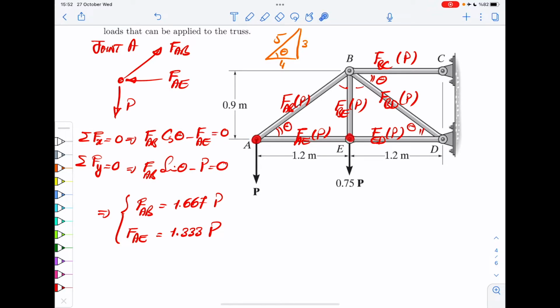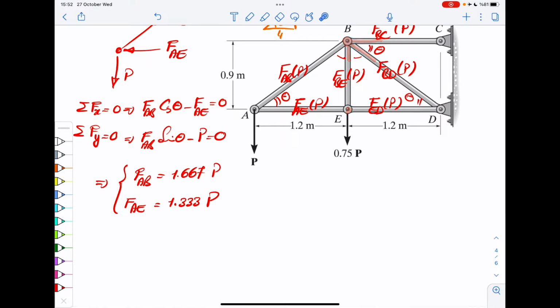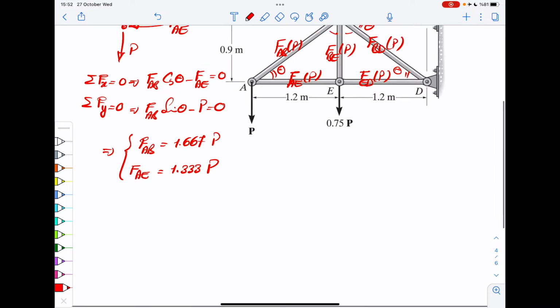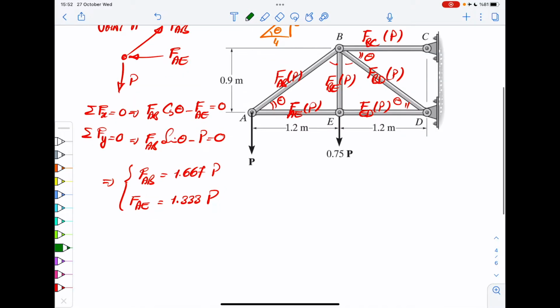What we want to do now is to come to joint E. Pay attention, we cannot jump to joint B because there will be 3 unknowns. So we need to go to joint E, and then after that we go to B. So the next joint we want to do is joint E. Let me do it on the side.